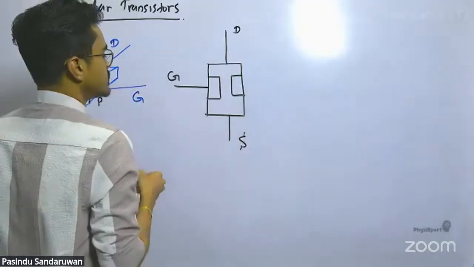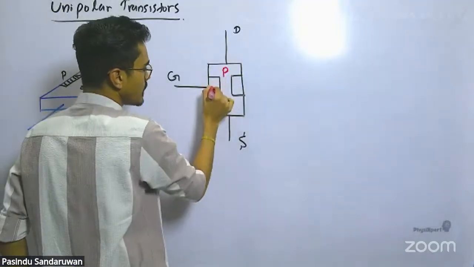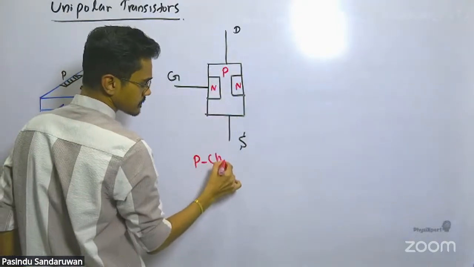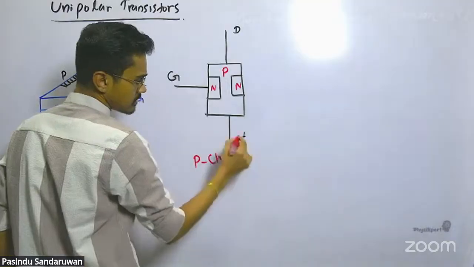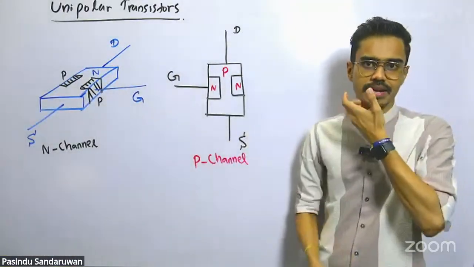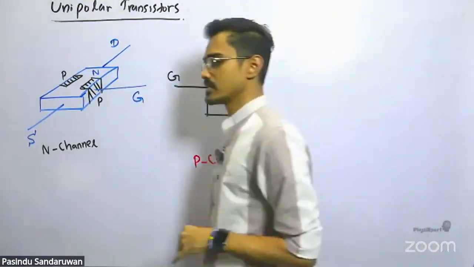Say this is P now, and this is N. So there is a P channel. That's how N channel and P channel are identified. The type of the body is the channel.